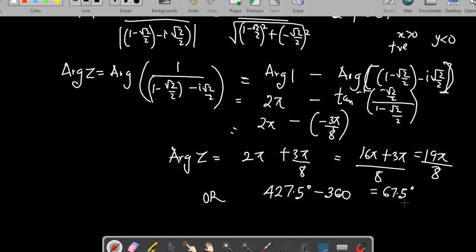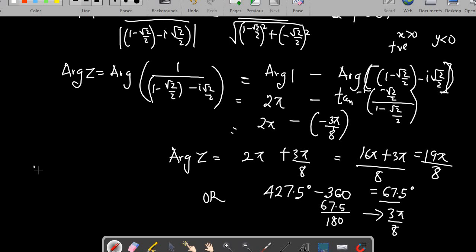This is the principal argument. At 67.5 degrees, or we can take 67.5 divided by 180 times pi to convert it to radians, which is basically 3 pi over 8. Okay, so we could have just done it this way.